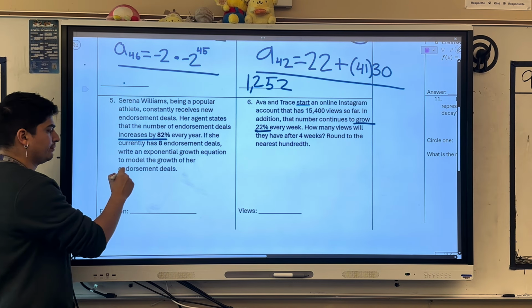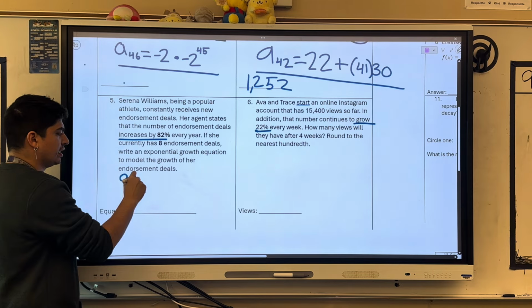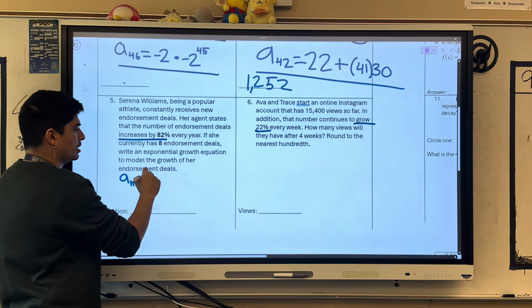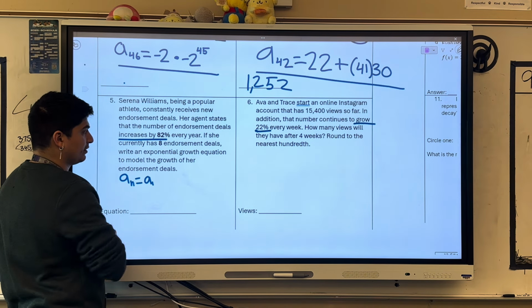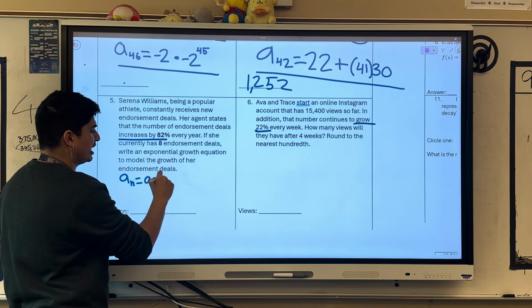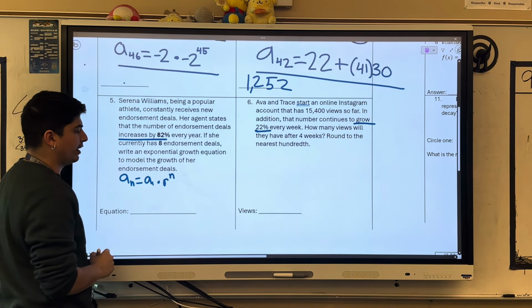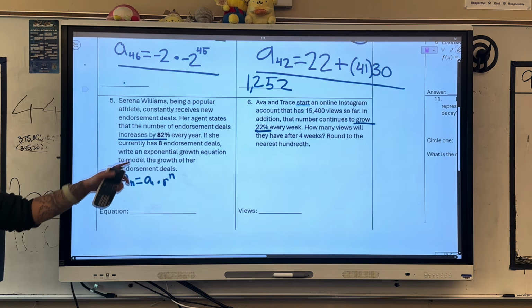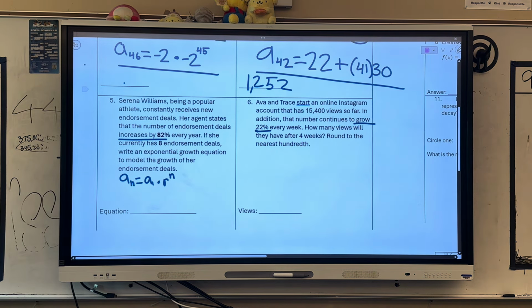I'll write the growth formula down. It is the very first number times your rate to the nth power, right? And in this question, we don't actually know what that is.